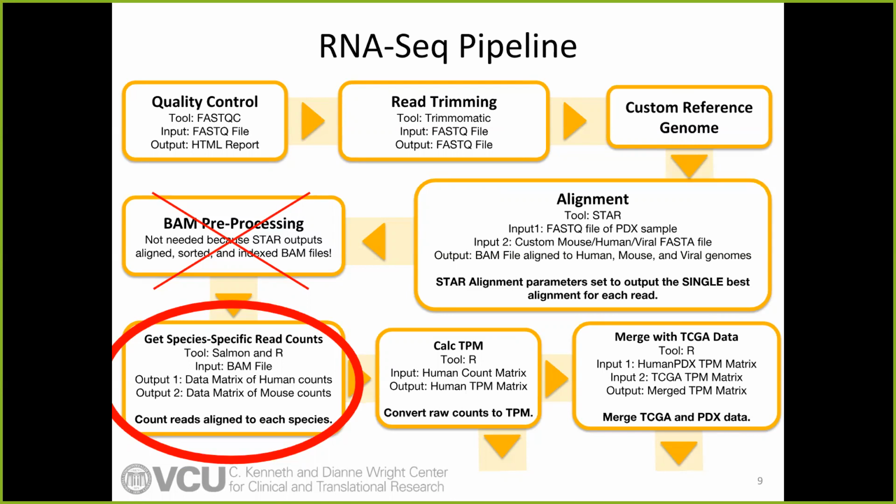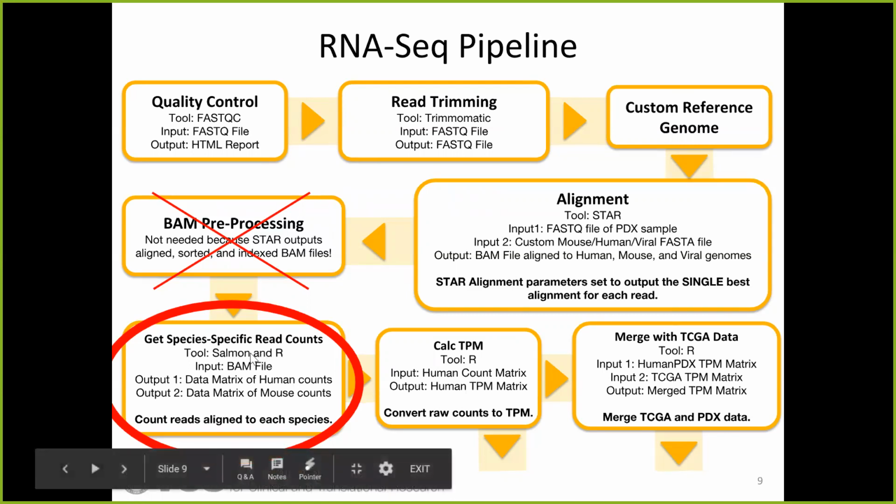So for this step, I did use a read counter tool called Salmon, and then I processed that data in R. So the input was the BAM file. The output is a data matrix of human read counts mapped to human genes, and a data matrix of mouse read counts mapped to mouse genes.